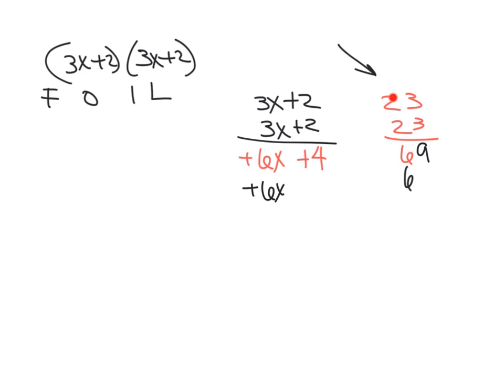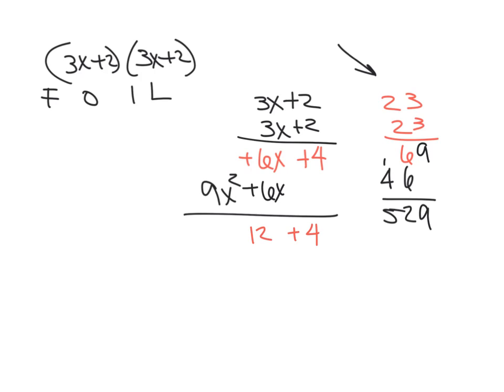The next step, we multiply this times this and get 4, just like we're going to multiply those two and get 9x squared. Then, in this one here, we add things up. And over here, we add things up. And we get that for our answer. And we're done. And we're happy.